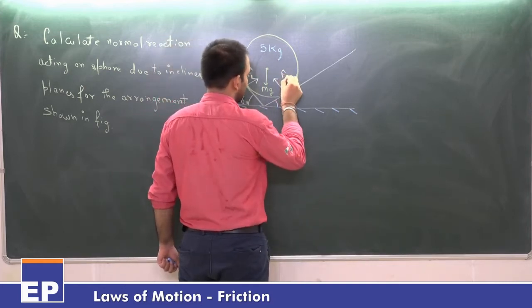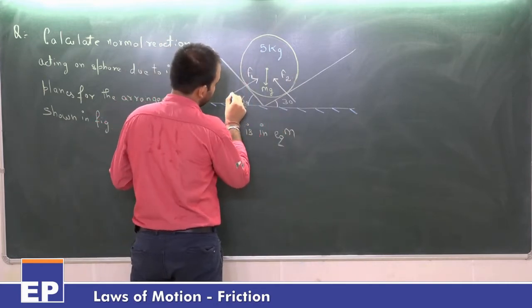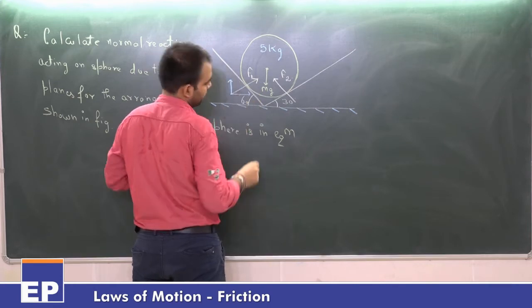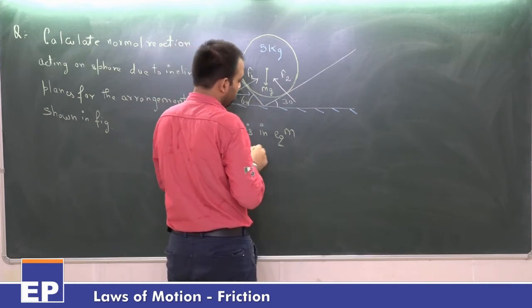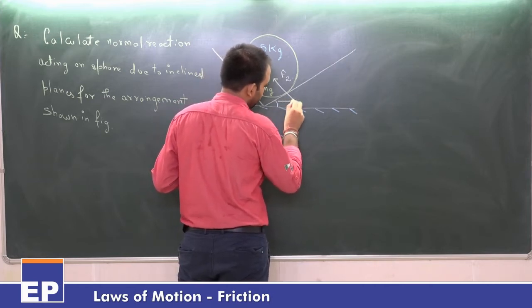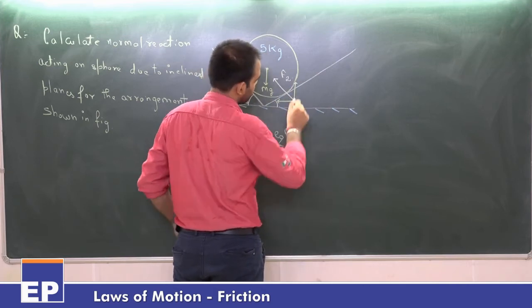This is the F2. Now both will have two components. One component is in this direction, another component is in this direction. Similarly, the other has two components, one along this and another along this.